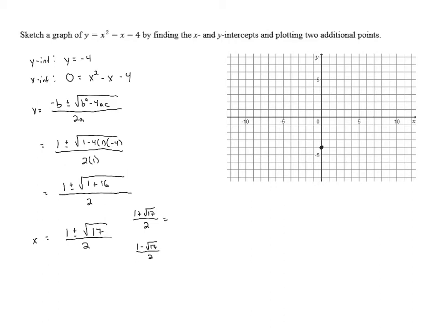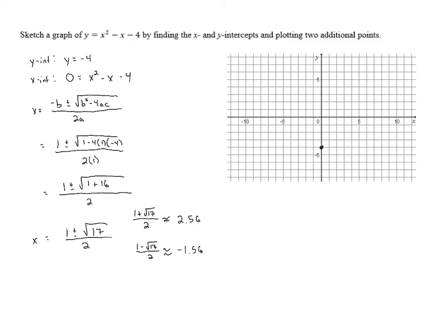And I'm just going to use a calculator to get approximations for each of these. All right, 1 plus the square root of 17 all over 2 is approximately 2.56. And then 1 minus the square root of 17 over 2 is approximately negative 1.56.